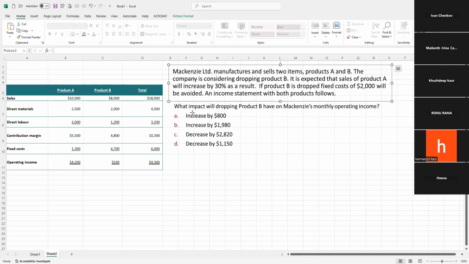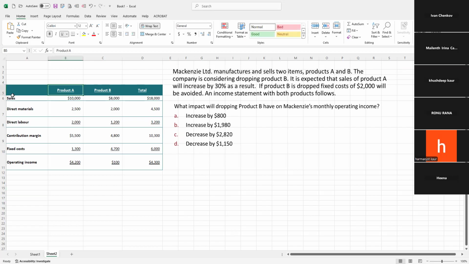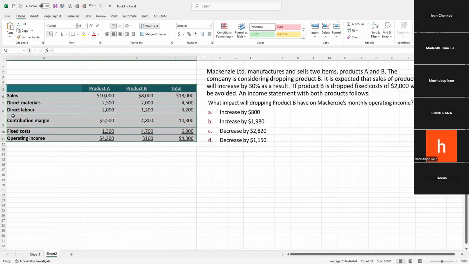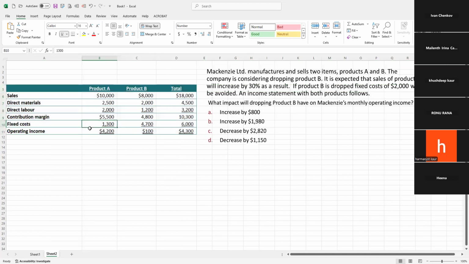Okay, so this company manufactures and sells two items, product A and product B. We can see clearly what they're producing and what they're selling.